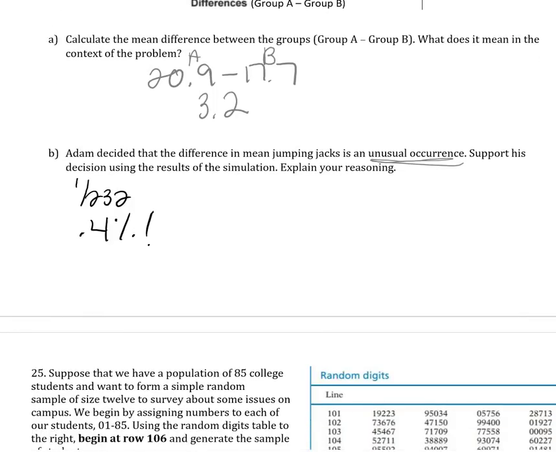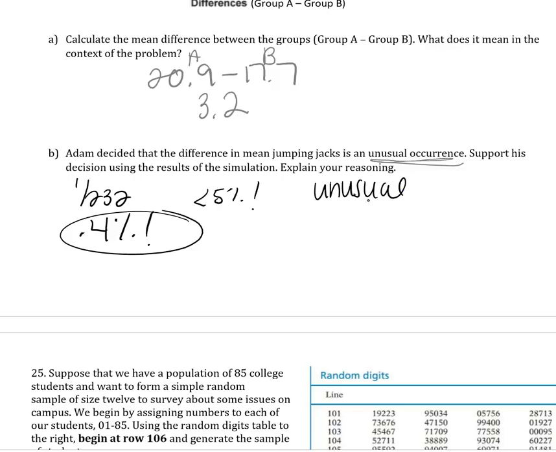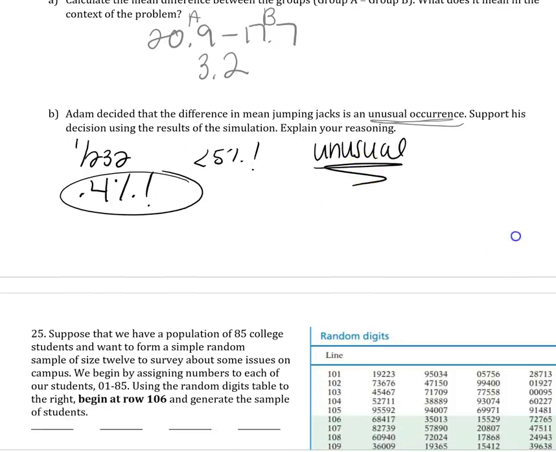So the fact that I'm observing that difference, and that difference occurs 0.4% of the time, tells me that, yeah, this is an unusual occurrence, because this is occurring less than 5% of the time. So this is unusual. Okay, if you want a more eloquent way of writing your explanation, you can check out the answer key online, but just verbalizing it for you guys, that's what I'm thinking about. Okay, this is occurring less than 5% of the time, so yes, it is unusual.